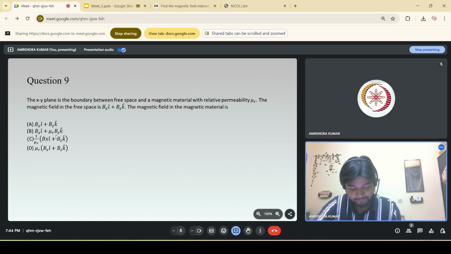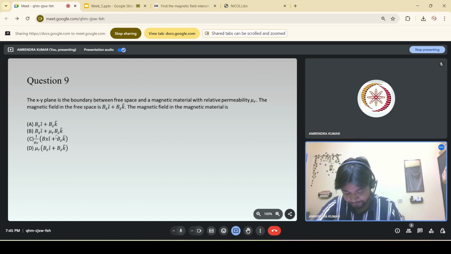So now what do we have? They are asking what will happen to the magnetic field in the material, like here, what are the components? Then we can say that the parallel components and the perpendicular components are going to be equal.